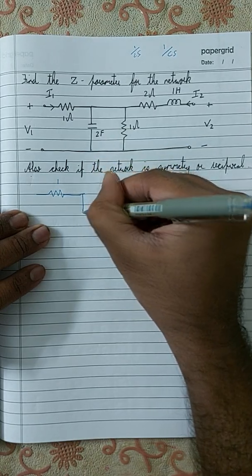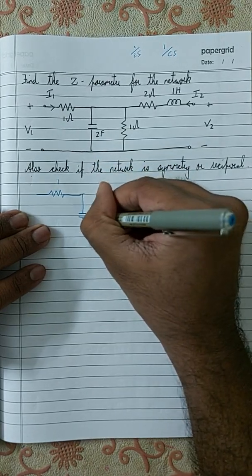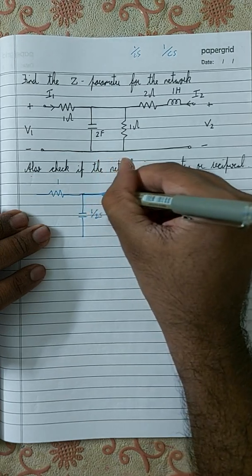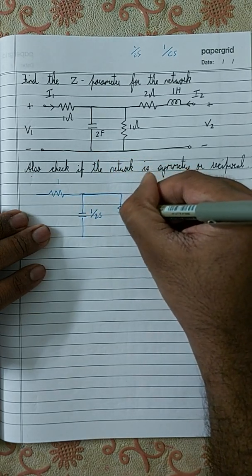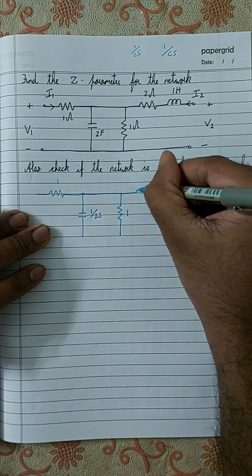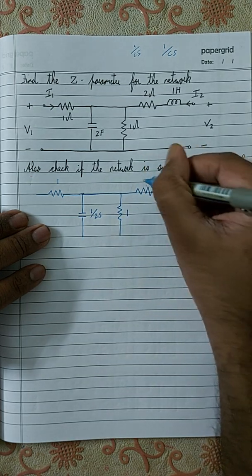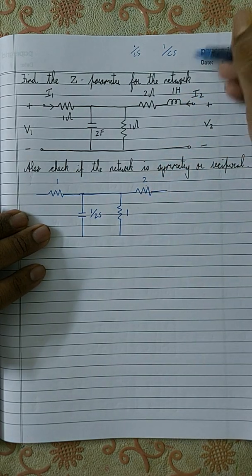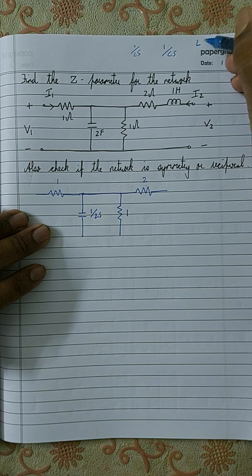The impedance of this capacitor is 1 by 2S, and the resistor is again 1 itself, and the resistor over here has impedance 2 ohms itself. For the inductor, the impedance is LS.